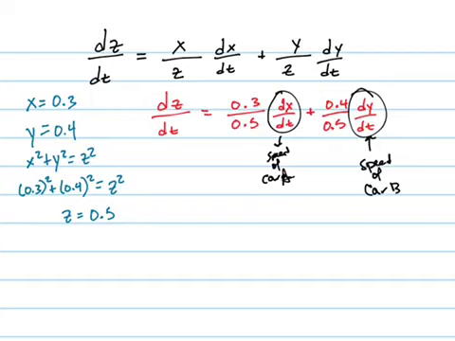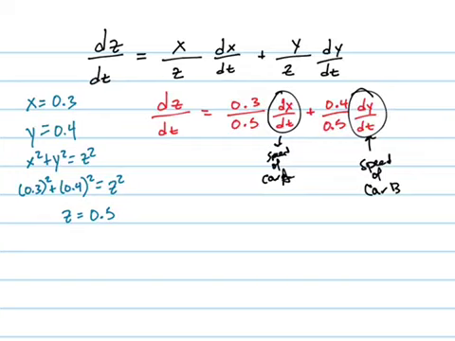Now, what we want to remember is that these two are actually getting closer to each other. The distance is decreasing. So we don't want to use the positive value of the speed because that's going to take us in the opposite direction. It's going to mean that the distance between them increases, and we want it to decrease.